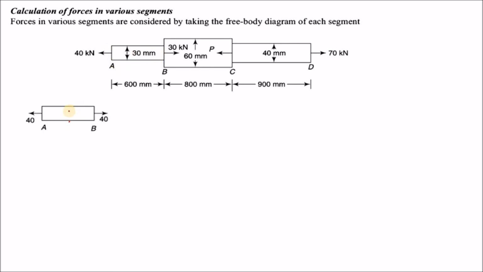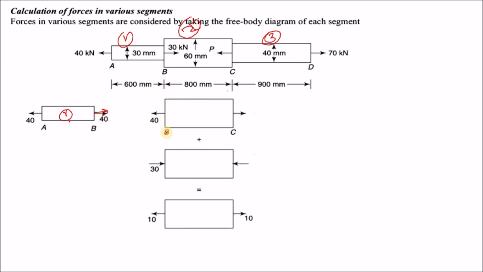Okay, 40 here. We assume these are segment 1, 2, 3. For 1, 40 here, so 40 on the opposite side. At point B, we should apply 40 here just to make equilibrium of these two. And 30 is already acting here, so this 30 came here.